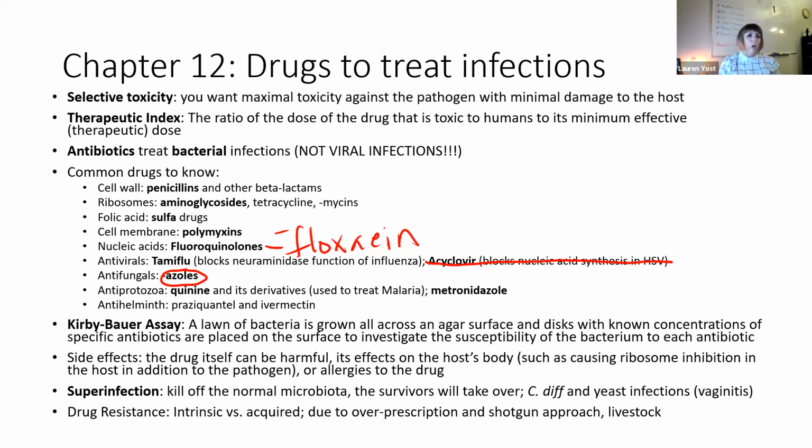That can be vertical or that could be horizontal. Vertical just means that it was transmitted from the parent organism, but if you got it via conjugation, or transformation or transduction, or maybe even transposons from another organism, that would be horizontal transmission, right? So those would be acquired.